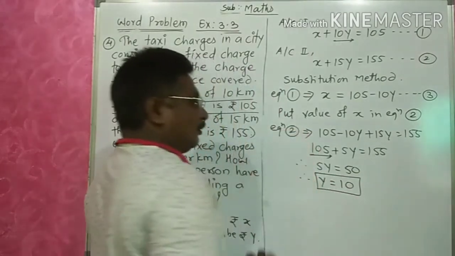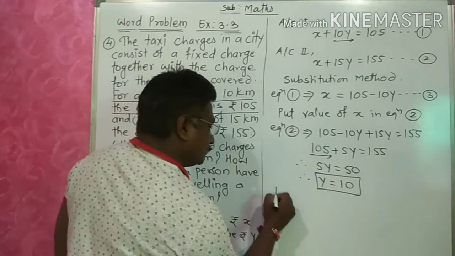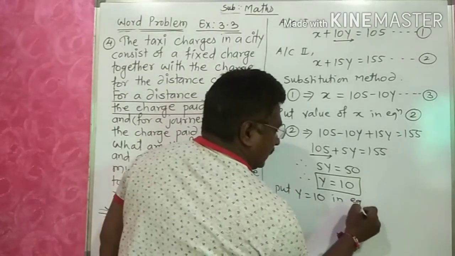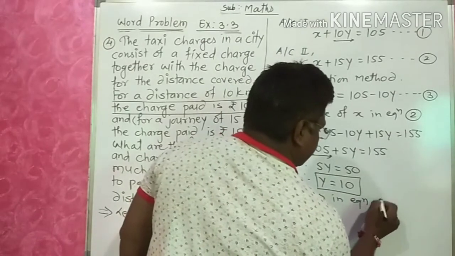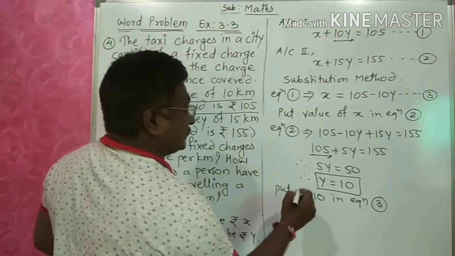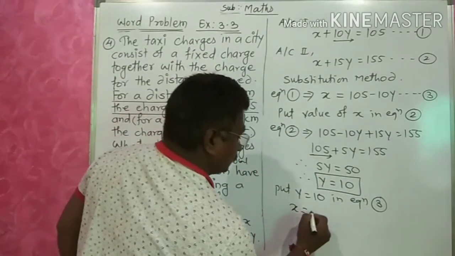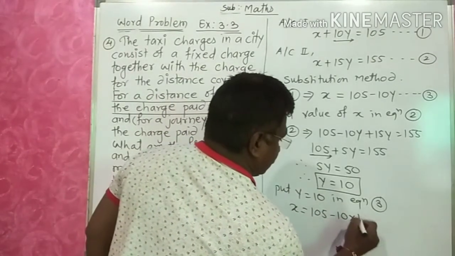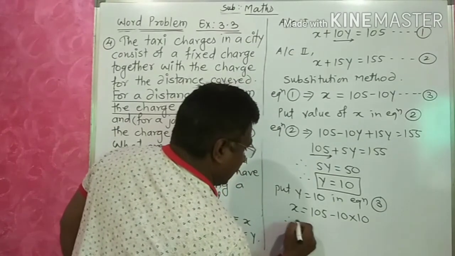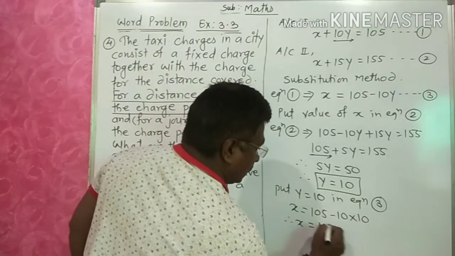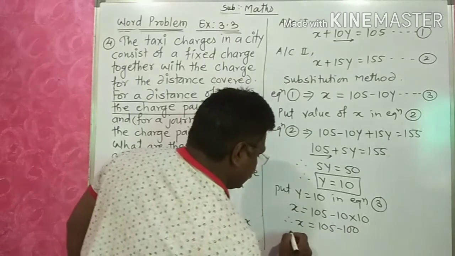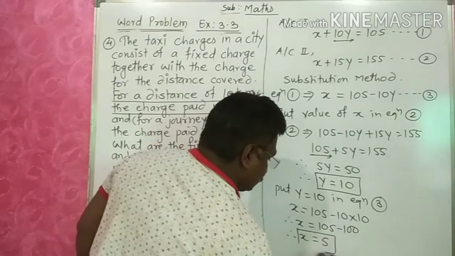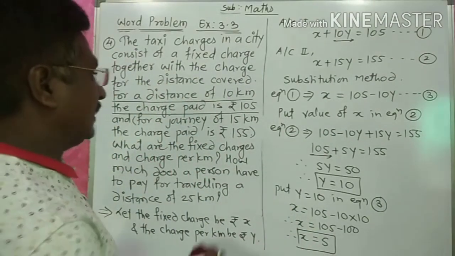So got the value of y. Put y equals 10 in equation 3. What will we get? x equals 105 minus 10 into 10. So x equals 105 minus 100. So x equals 5. Got the value of x and y?